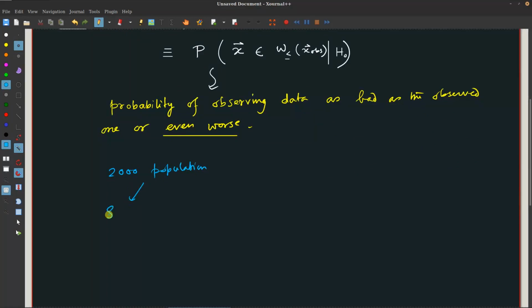And I asked you how compatible is this data with the hypothesis that there are equal probabilities of finding girls and boys.